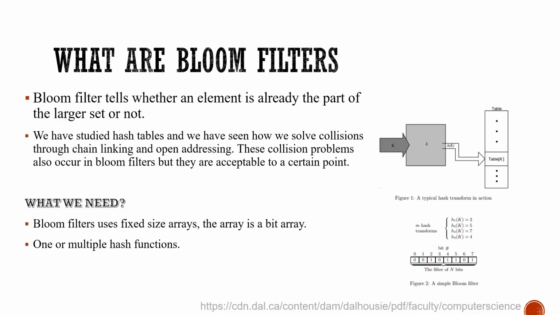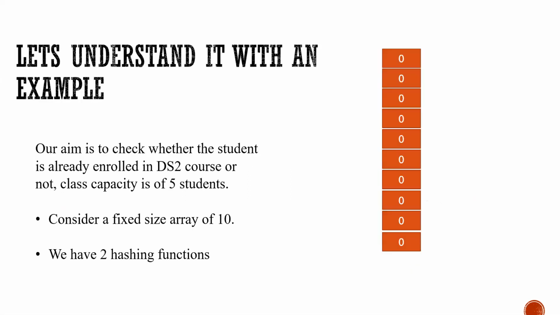So let's see what it really does. When we take data, it hashes the data and puts a one in the place of the hash value. For example, if you get a 10, then the 10th bit of the array will get a 1.